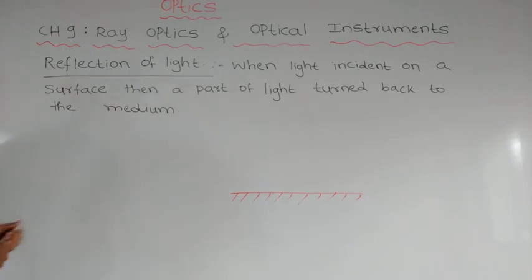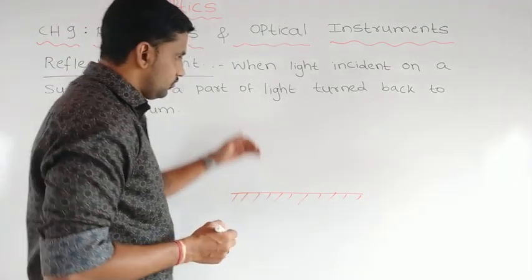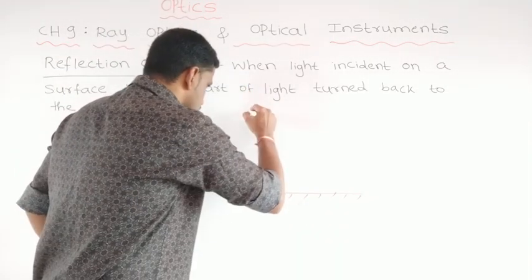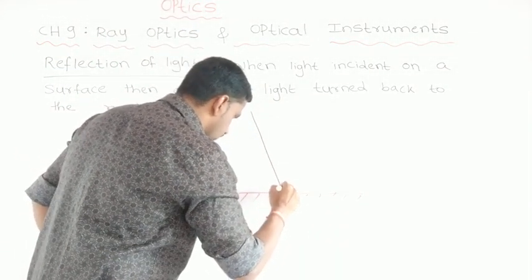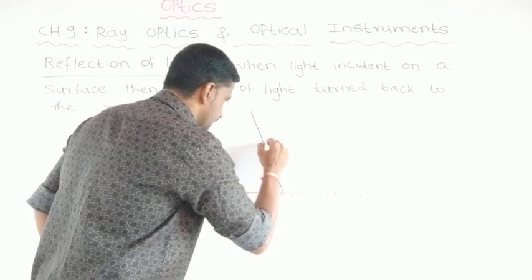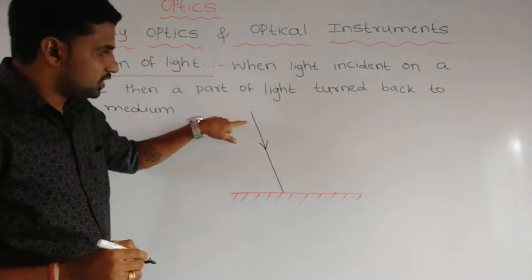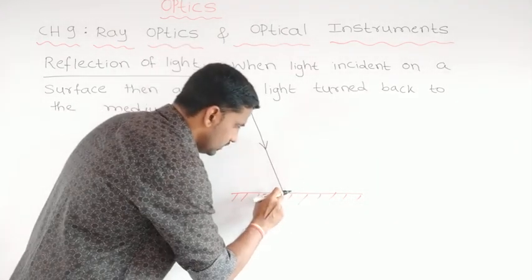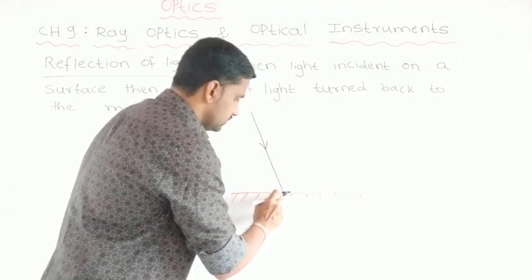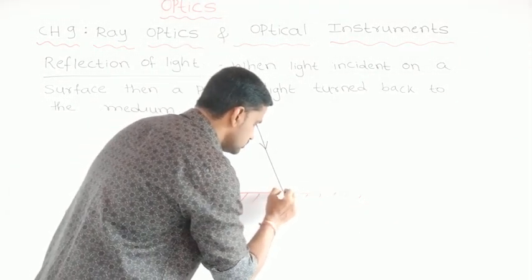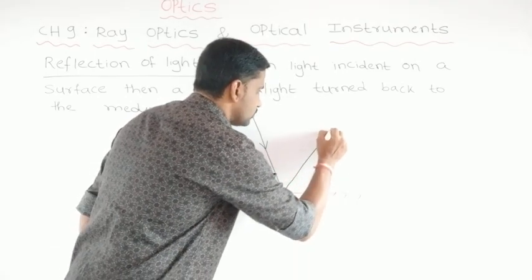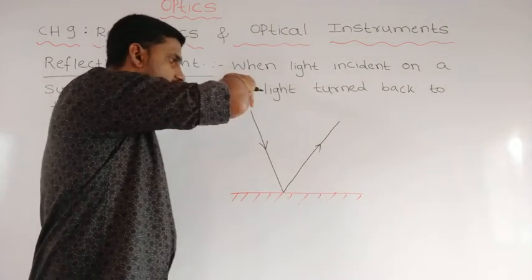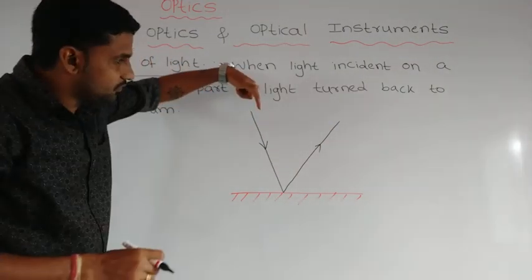If I incident a ray of light from this medium, so this is the medium, I am incidenting a ray of light like this. We are representing the ray of light in air. When it hits the surface, then light will again bounce back or turn back to the same medium.